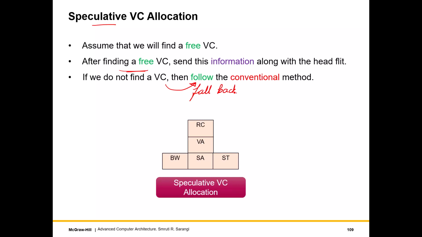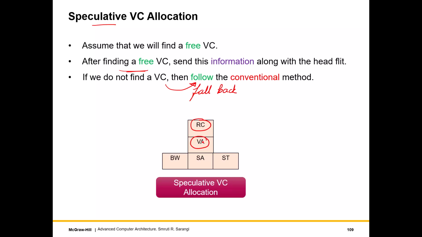But in this case, where there is some amount of slack, some emptiness in the queues, you would like to optimize. So you still have lookahead routing, so RC is off the critical path. Now you try to take virtual channel allocation out of the critical path.